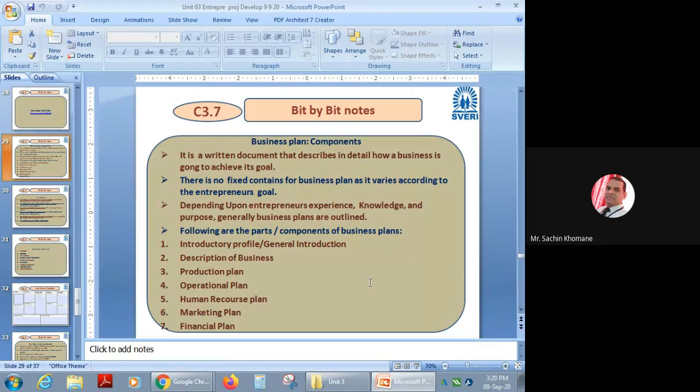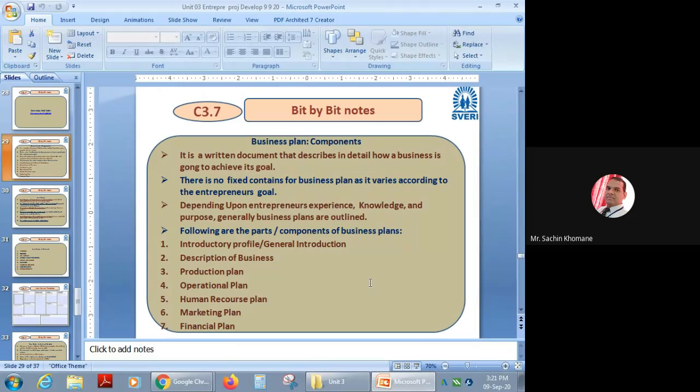So now let us discuss one by one. There are so many components of business plan. We have started discussion on the first two parts, introductory profile and description of business. These are very generalized discussions, like in a project report. So we discussed last lecture what should be there in an introductory profile.